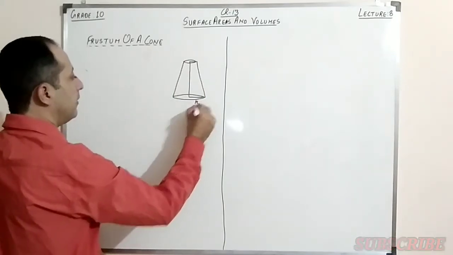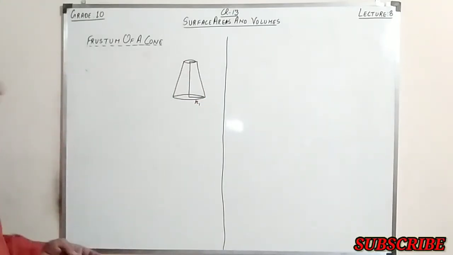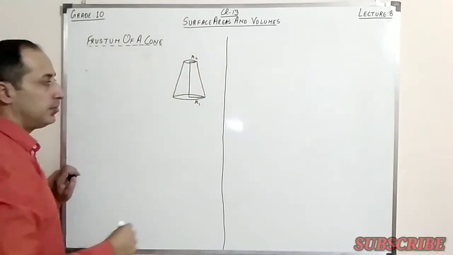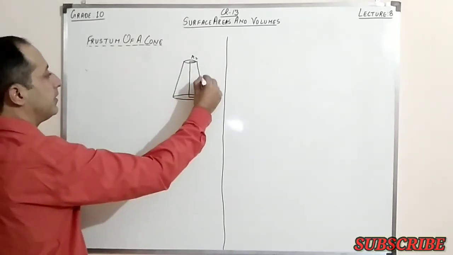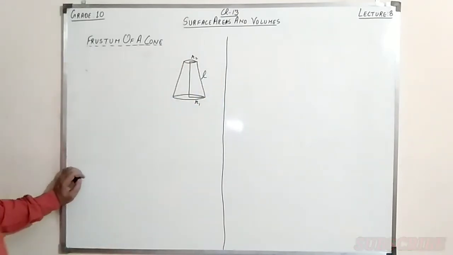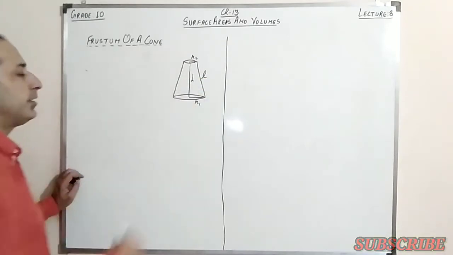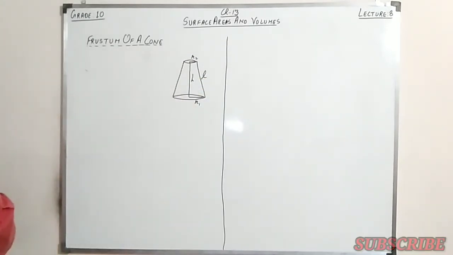The longer radius we take as R1, the shorter one we take as R2. Then we have a slant height, which we take as L, and a vertical height, which we take as small h. These are the meanings of the symbols.